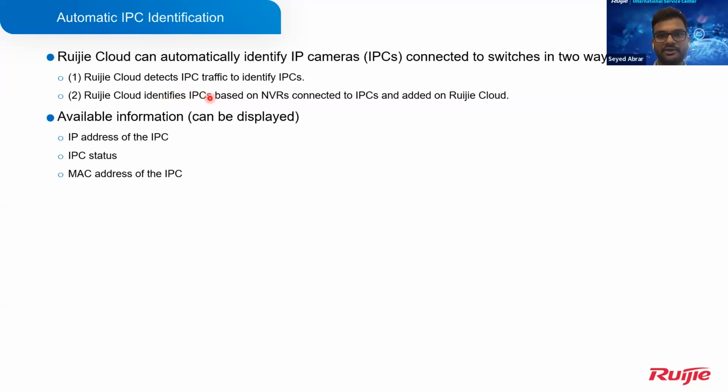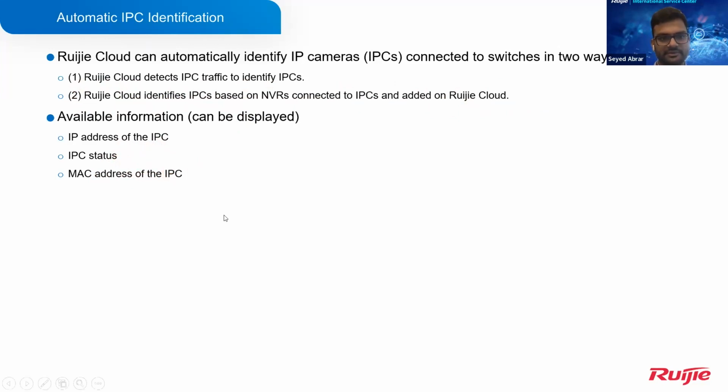Once you add that NVR into the Reyee Cloud, we can get and collect the details of the connected cameras. What information can you see from the IPC connected to the cloud? You can see the IP address, status and MAC address of the IPC. You can see the MAC address in the real topology.